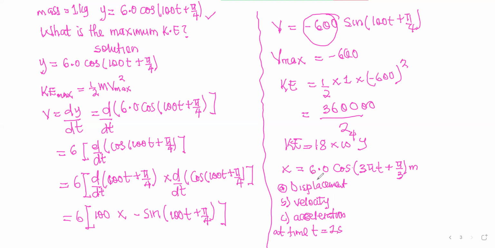So a body oscillates simple harmonically according to the equation x is equal to 6.0 cos this. Note that this is horizontal oscillation.